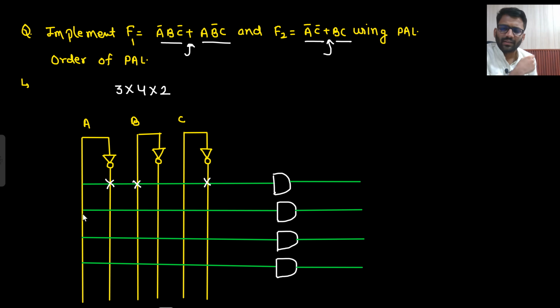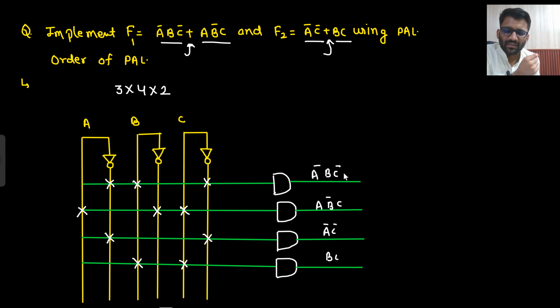A B bar C. What else do I need? A bar C bar, and B C. So A bar C bar, B C, A B bar C, and A bar B C bar.